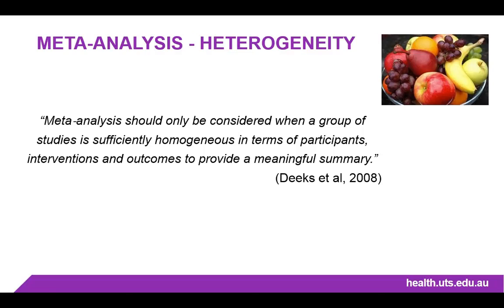Having said that, this really is a how-long-is-a-piece-of-string thing. And sometimes I've been very, very surprised by one of the reviews I've worked on, which was a meta-analysis of quality of life outcomes for people with cancer from culturally and linguistically diverse backgrounds.